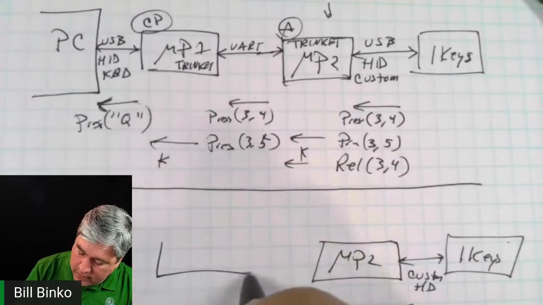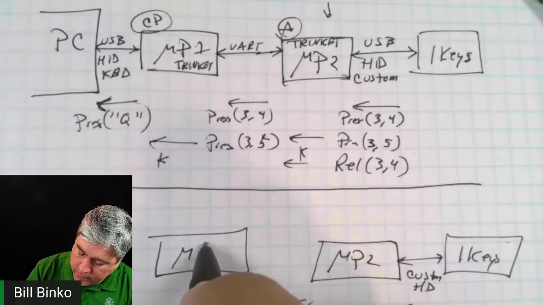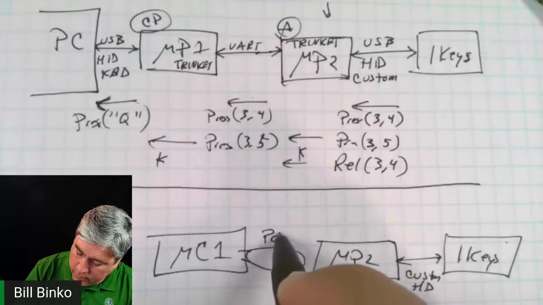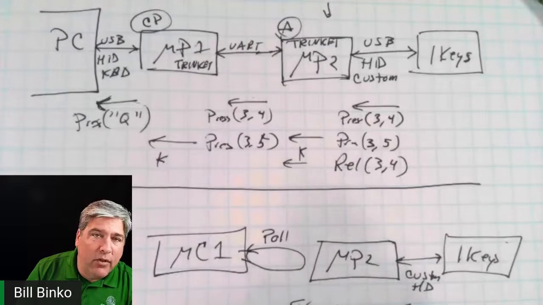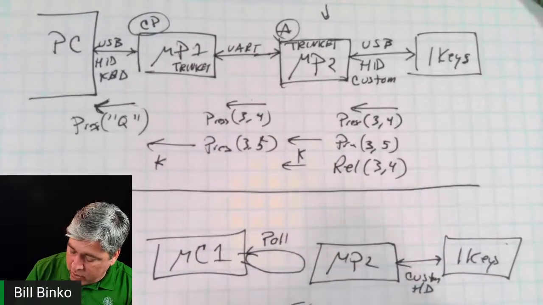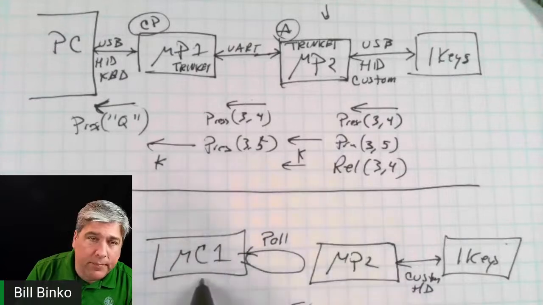And then the second microcontroller would pull. And it would say, give me all the things that are currently pressed. And so this microcontroller just packs up this list and sends them.